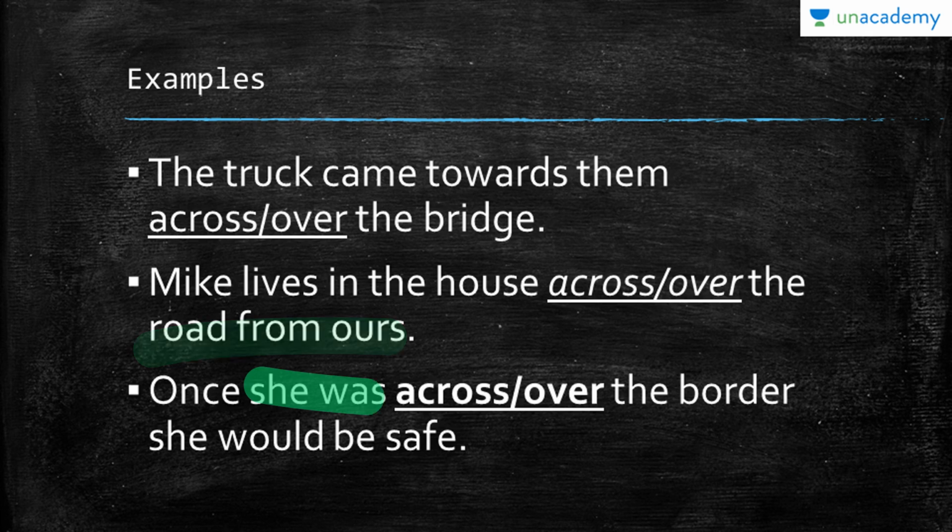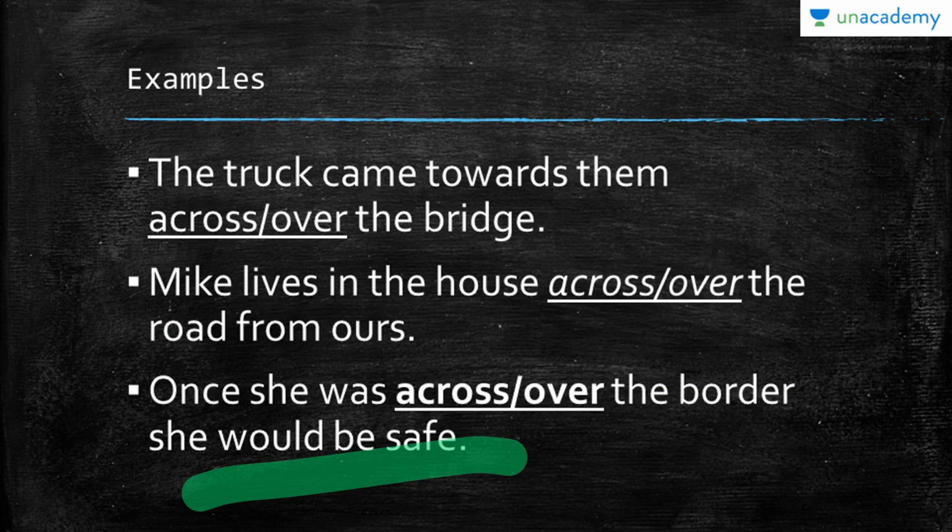Once she was across/over the border, she will be safe. So it depends on what kind of border is being talked about. If the border is made of fences, then over becomes more important, and if a border is just a border and it's just a path, a road, then across becomes more important.